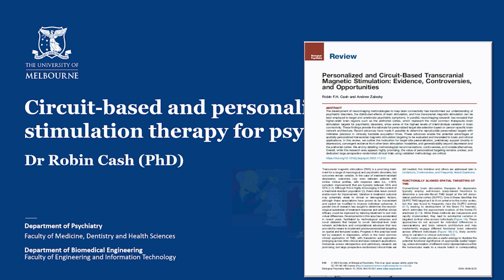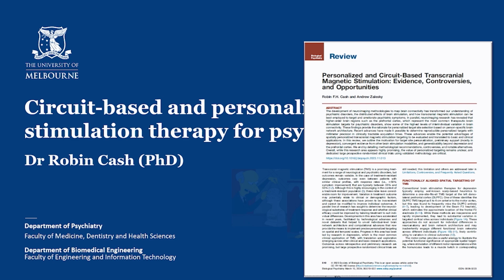If you would like further information, Robin and I recently published a review in Biological Psychiatry. I've given you the first page there, and it has a lot of the details, issues and limitations of fMRI-based personalization for TMS, so check out the review if you're interested.